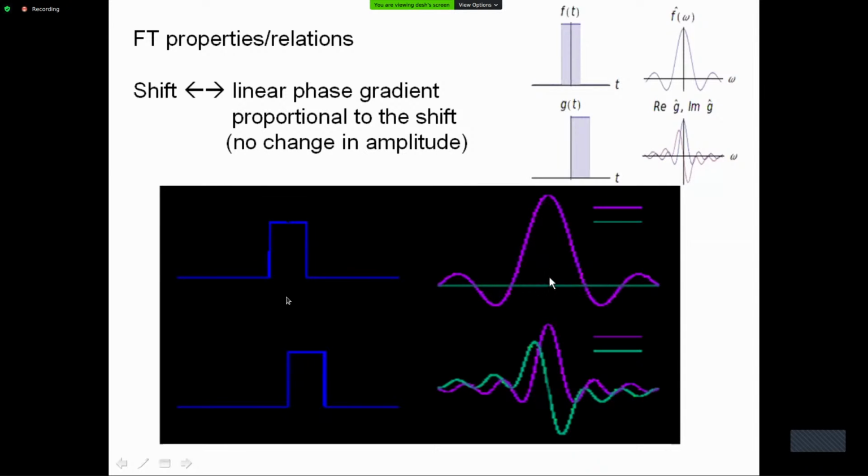And because of the linear phase gradient, this contribution, where the sinc function describes the amplitude, will now split into real and imaginary parts in the fashion that is shown here. Now, depending on the amount of shift, you will find this oscillating pattern being faster or slower. If the shift is larger, you will have faster oscillation because the phase is changing more rapidly. And for every 2 pi change of phase, you will have the peaks occurring. All right. There's no change in amplitude. Only the phase has changed.